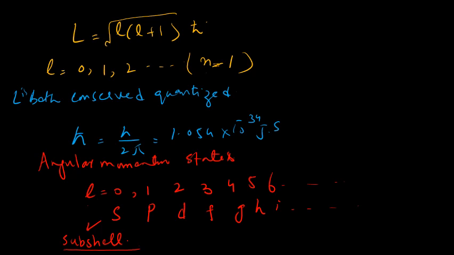Here we can write the angular momentum for different values of l for the different electronic states. For the different atomic electron states, n equals 1, 2, 3, 4, 5, 6 correspond to l equals 0, 1, 2, 3, 4, 5.